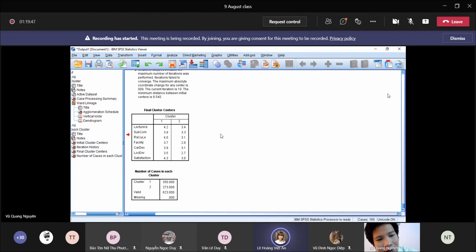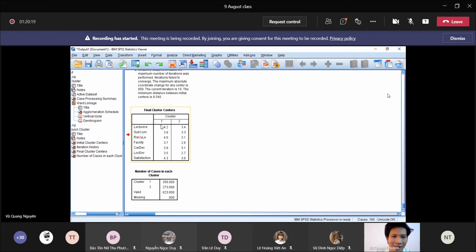Yeah, that's right. You can say that cluster 1 contains the people who have a high perception of all aspects, right? And they are very much satisfied. In cluster 2, yeah, they are bad in all aspects and they are not very much satisfied in comparison to cluster 1.